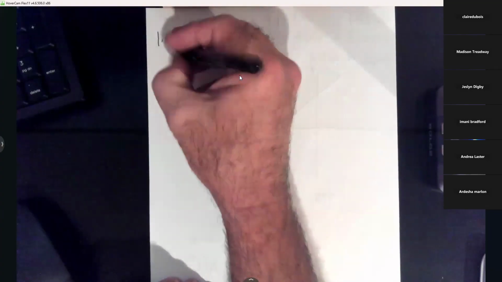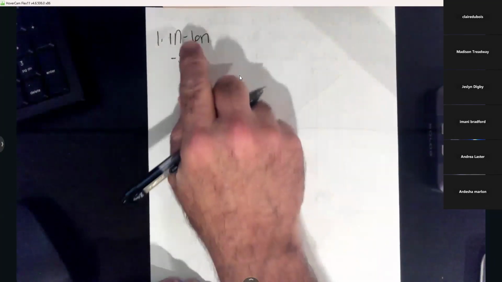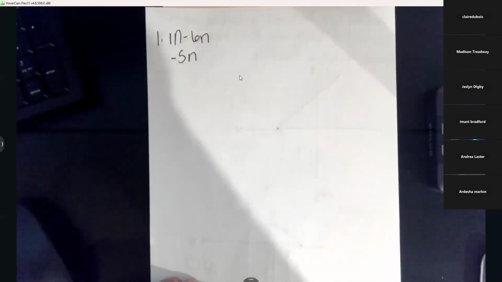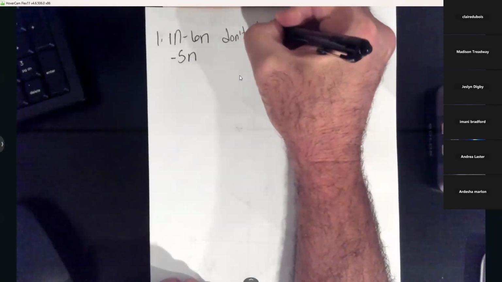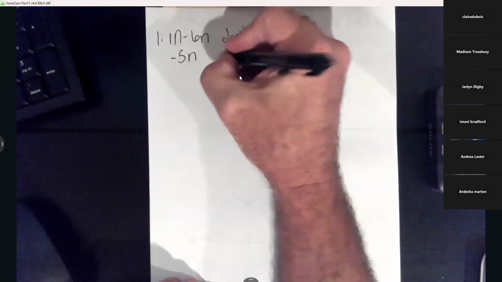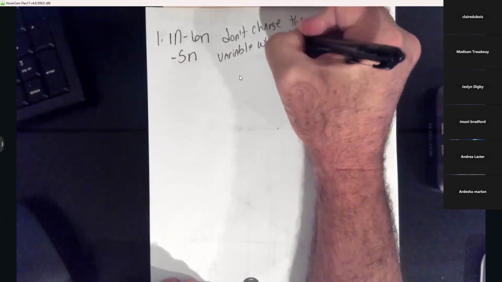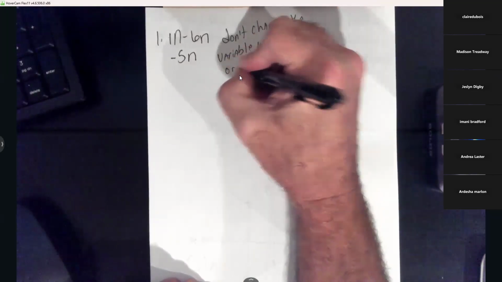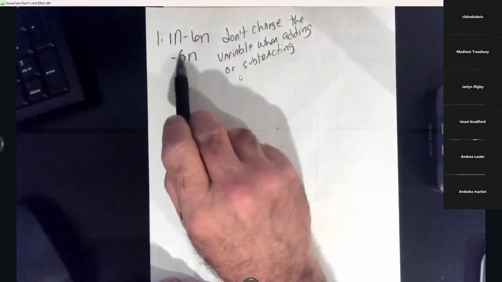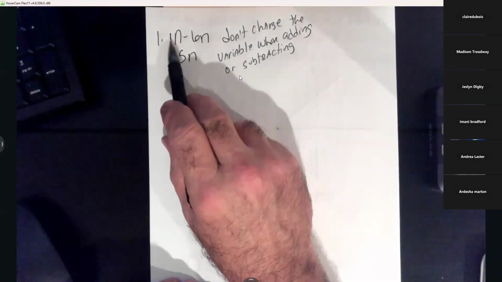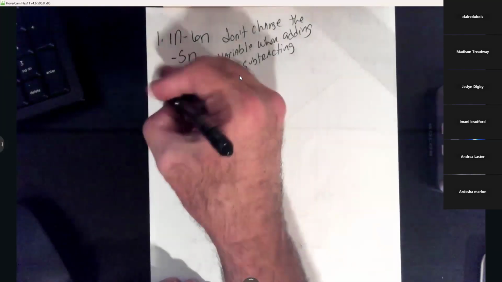Yeah, 1 minus 6 would be -5, and then the n stays the same. So we don't change the variable when we're adding or subtracting. So n minus n's will stay n. We just got to figure out how many. And that was just 1 minus 6, which gave me a -5.